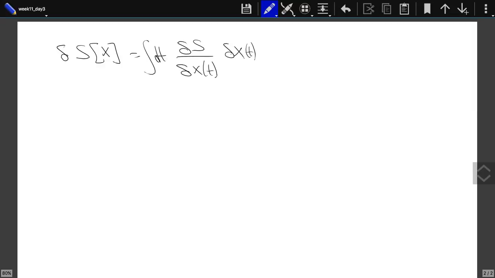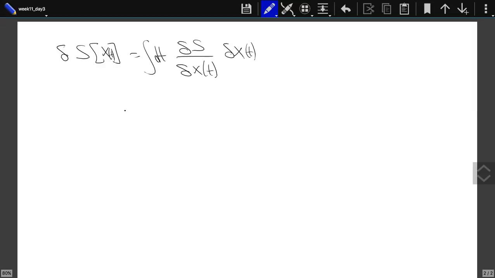The basic idea is, before taking the continuous limit, we know that S will be a function of all these x_i's, independent of how many we have. Eventually we will have infinitely many x_i's. So S is a function of the x_i's, and the variation of S as you change the x_i is nothing but the derivative of S with respect to each one of these x_i's multiplied by the changes in these x_i's.